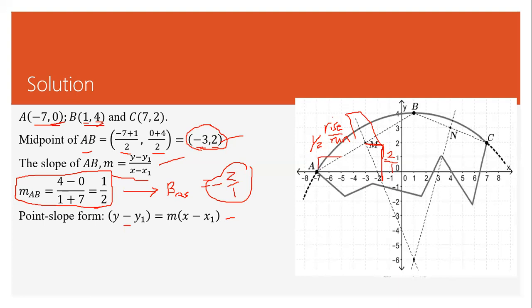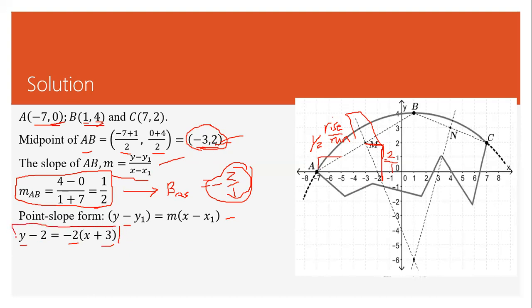So y minus 2 equals the slope, negative 2/1 or negative 2, times x minus negative 3, so positive 3.